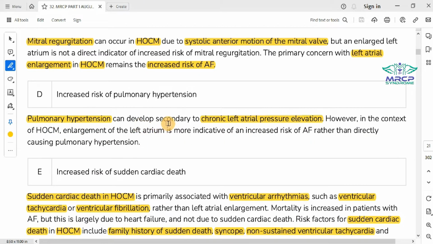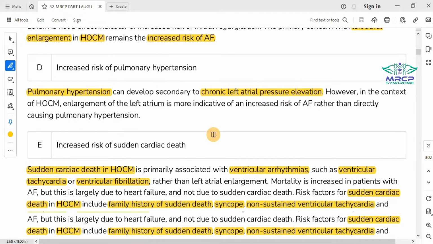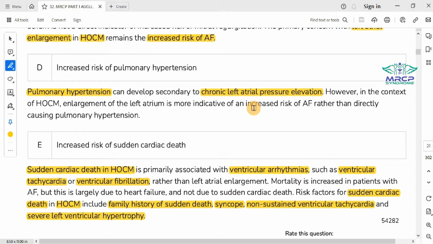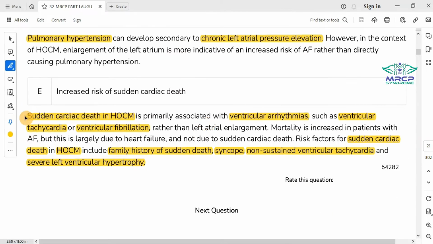Pulmonary hypertension can develop secondary to chronic left atrial pressure elevation. However, in the context of HCM, enlargement of the left atrium is more indicative of an increased risk of atrial fibrillation rather than directly causing pulmonary hypertension. And SCD is related to ventricular arrhythmias like either ventricular tachycardia or ventricular fibrillation.